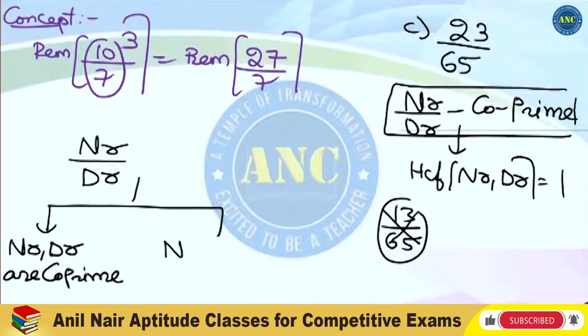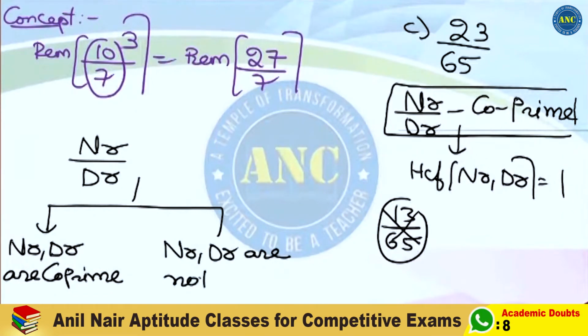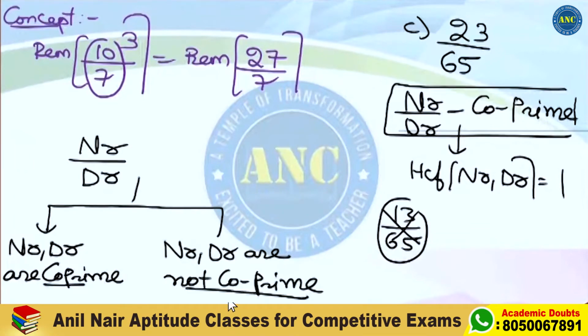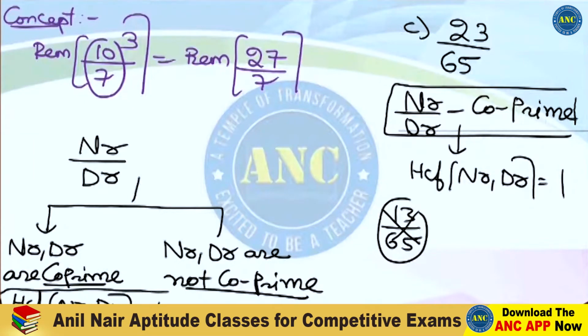Second case, numerator and denominator are not co-prime. What do you mean by co-prime? HCF of the numerator and denominator is 1. So, we will solve this case. Let me do it in the next slide.